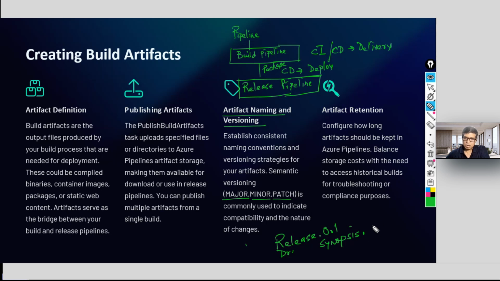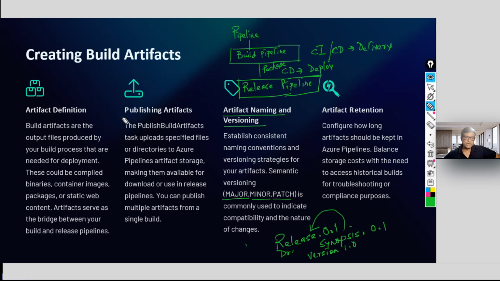Synopsis 0.1. After that synopsis, it comes release. After release, it comes your version. When you are actually deploying it onto the production, you give version 1.0. Okay, so naming convention, major, minor, all these things will come as artifact naming and versioning.